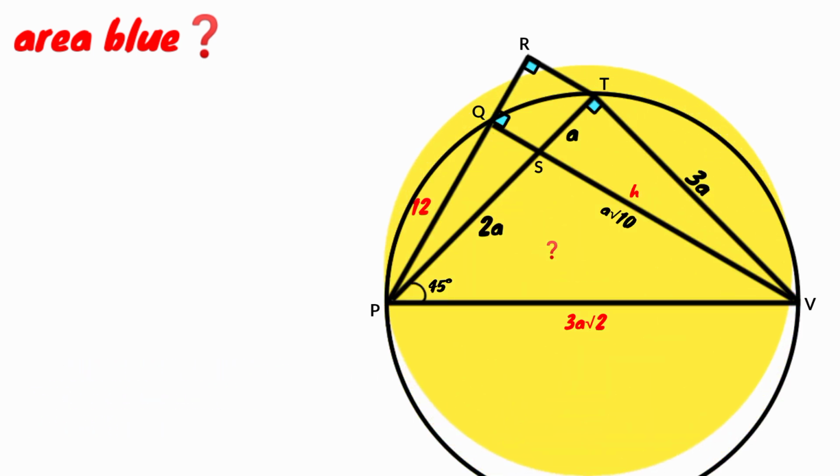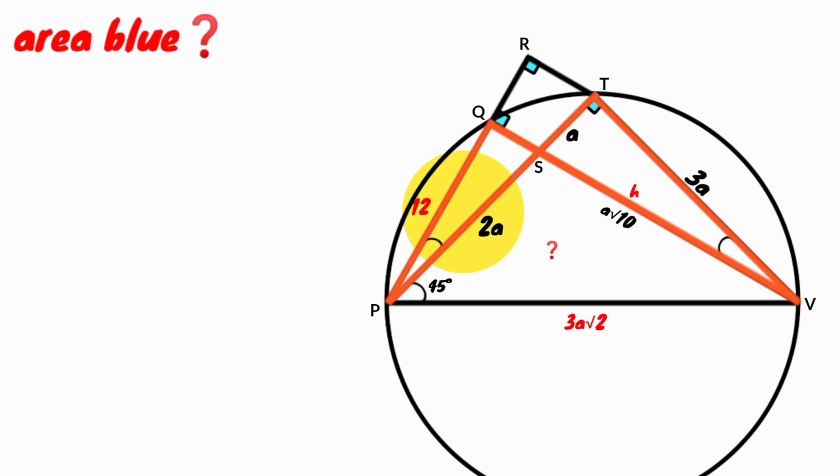Here we see this angle and this are subtended by this same arc QT. We know in a circle the angle an arc subtends to any point on the circumference is the same. So this angle and this are equal. If we let this be D, this must also be D.